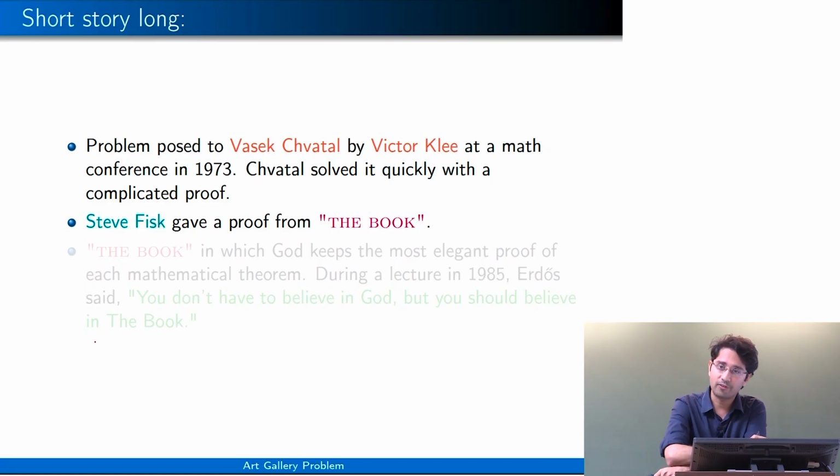But then after the publication of the proof, Steve Fisk gave a very elegant, very small proof, and the paper is actually just one page. It is widely believed that this proof is from the book.